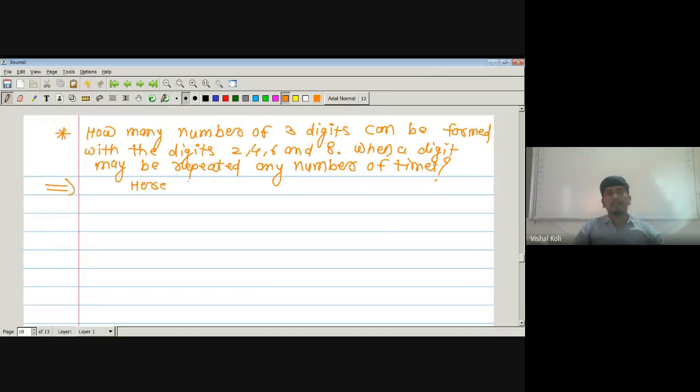Here we have to find out the 3-digit numbers.